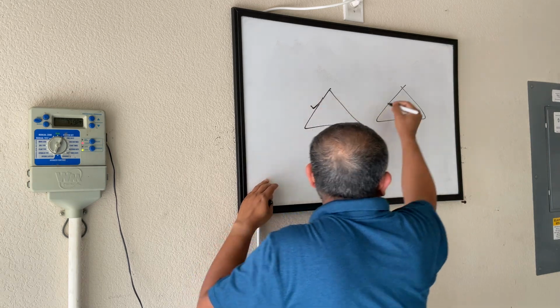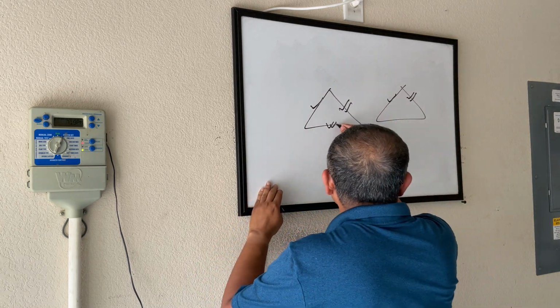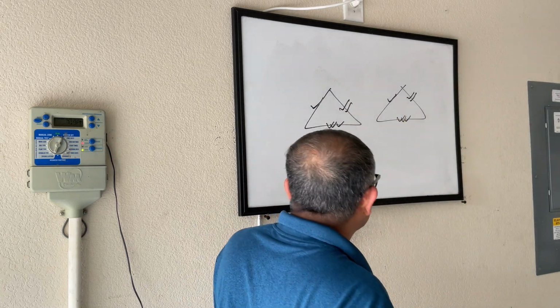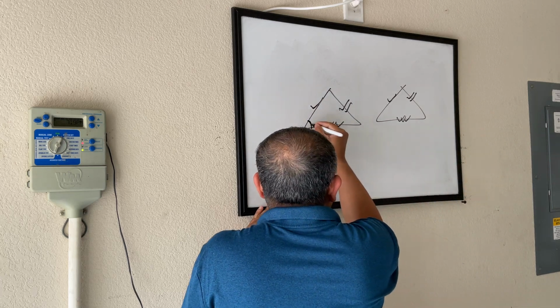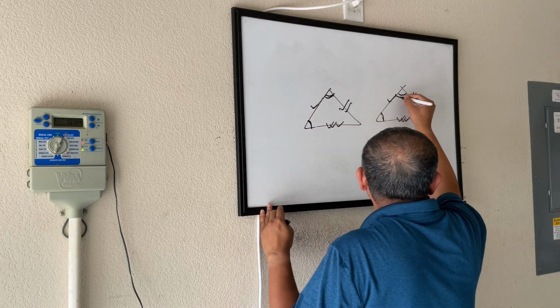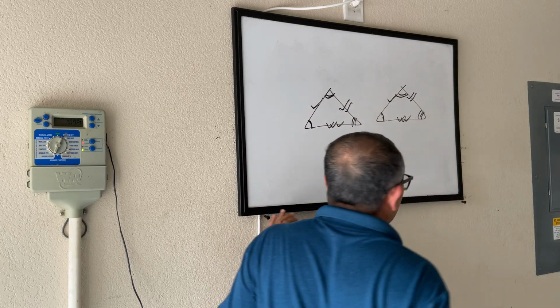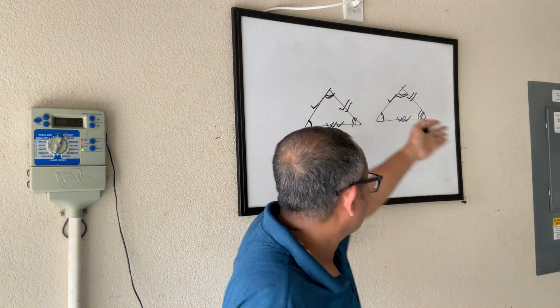This side matches with this side, and this side matches with this side. Three properties matched. Okay, are these congruent yet? Probably not. They will be congruent if this angle matches with this angle, and this angle matches with this angle. Now we are more confident of calling these two congruent because every property matched.